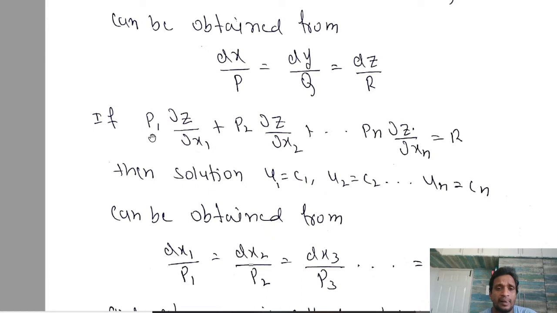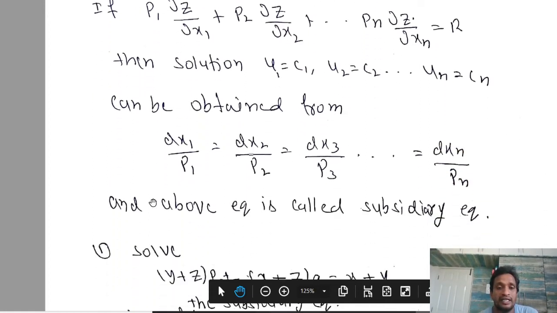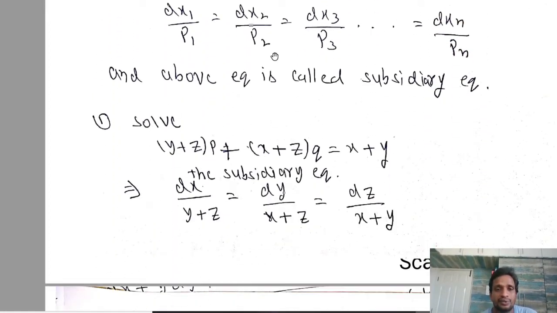You can write, we have in this form P1 dou z by dou x1, P2 dou z by dou x2, and so on, Pn dou z by dou xn is equal to R. Here dou z by dou x1 coefficient is P1, so dx1 by P1, dx2 by P2, dx3 by P3, and so on, dxn by Pn.